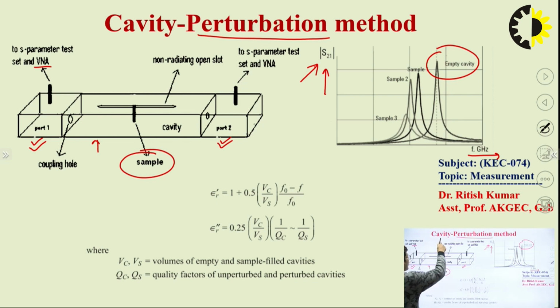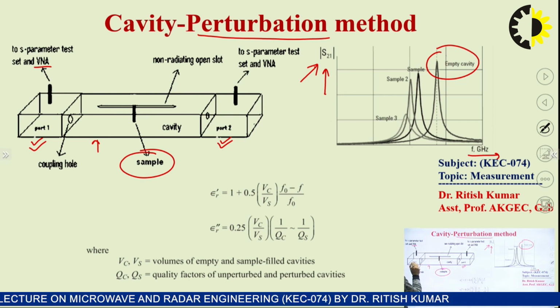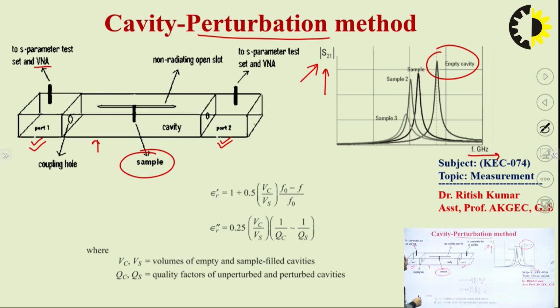By using the sample, you are perturbing something inside the cavity, so the power flow from port 1 to port 2 is disturbed. Because of it, you will have frequency shifting from the empty cavity to sample number 1.